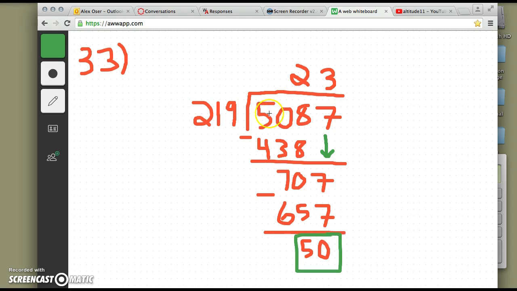All right, so whenever we take 5,087 and divide it by 219, we say that the answer is 23 R for remainder 50. So in other words, 219 goes into 5,087 23 whole times with a remainder of 50.